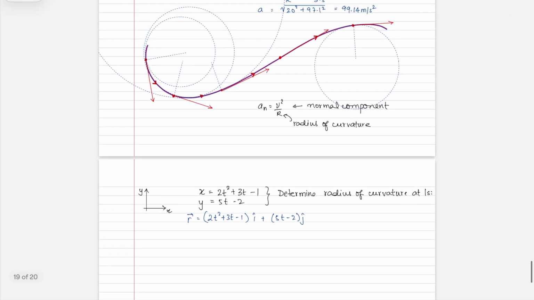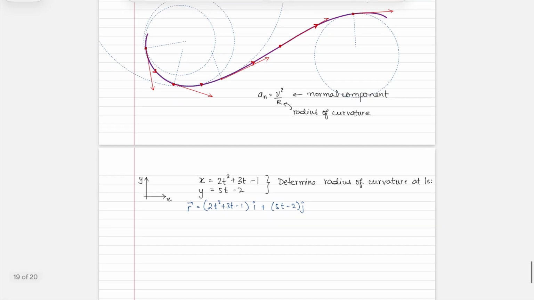So it is not immediately clear what is tangential, what is normal, but you can write that the velocity would be, in this case, a differentiation of the component along i, which is going to give you 4t plus 3 along i hat plus 5 along j hat. And the acceleration would be 4 i hat plus 0 j hat.